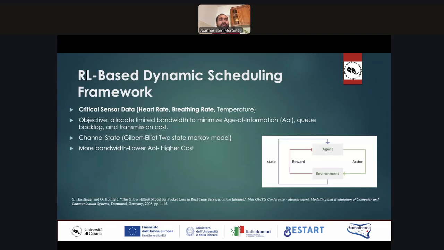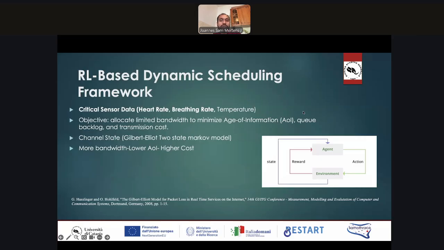So we developed a reinforcement learning based approach, meaning that we considered three sets of data: heart rate, breathing rate, and temperature. The critical data is the heart rate and the breathing rate, whereas the non-critical data is the temperature. We wanted to allocate limited bandwidth in order to minimize the age of information.